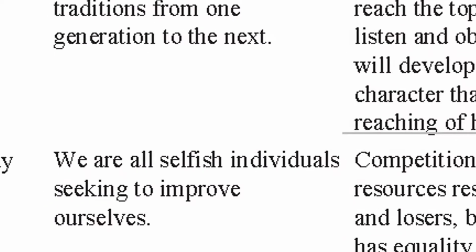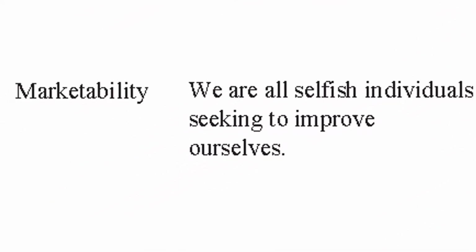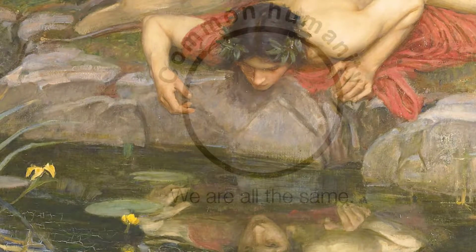Now, when you get to marketability as a regulating principle, it has a very different take on what our common humanity is. For marketability, what makes us common is the fact that we're all selfish. We're seeking to improve ourselves. We're on the lookout for ourselves. That's what makes us common, our selfishness.